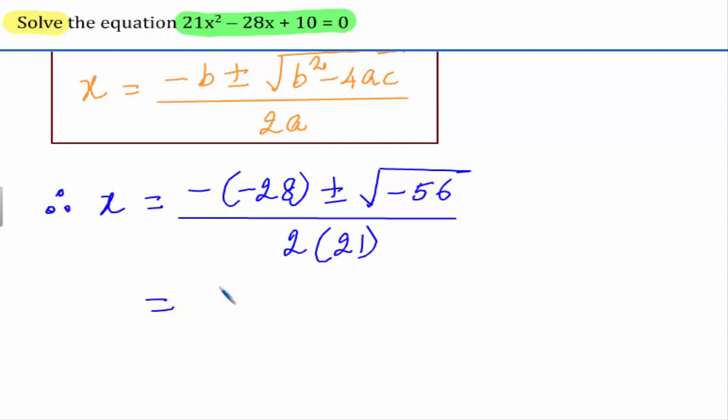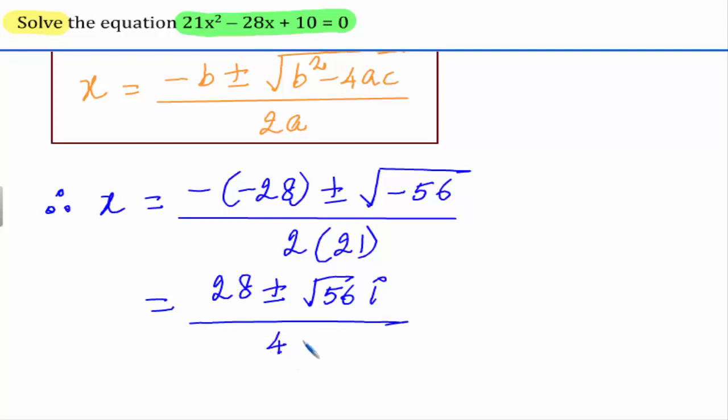This will be equal to 28 plus or minus root 56i divided by 42.